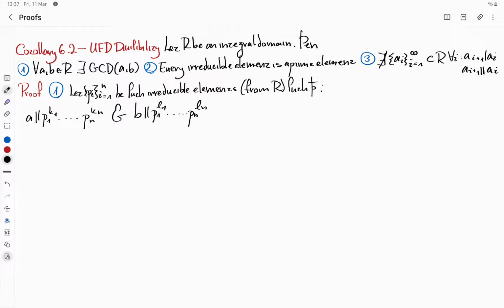Right, so essentially we take these prime factor decompositions, these factorizations of irreducible elements. Now we want to prove that a and b have a greatest common divisor.